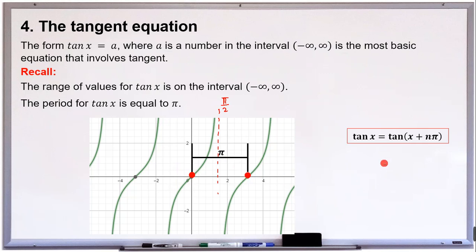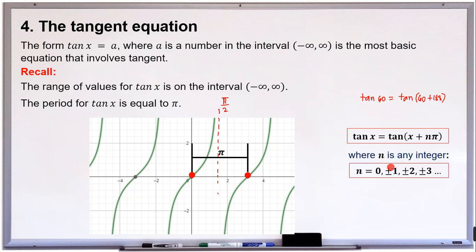So therefore the tangent of x, or any angle, is simply equal to the tangent of x plus some factor of its period that is equal to pi. So if you have tangent of 60, that is also the same as tangent of 60 plus 180. By using this, where n is any integer, from 0 to plus and minus 1 up to infinity.